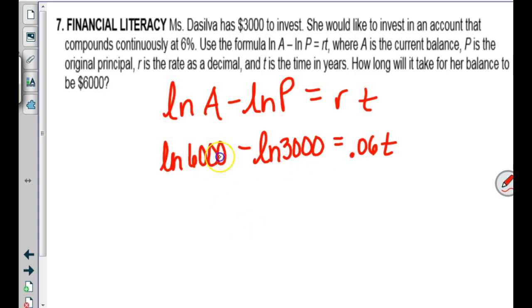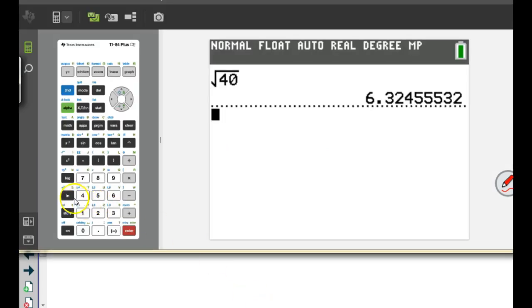All right, so just type this in. ln, can you just simplify that to ln of 3,000? No, you have to type in ln of 6,000. ln is on the left over here. No, we don't have to graph it. Minus ln of 3,000. Okay.